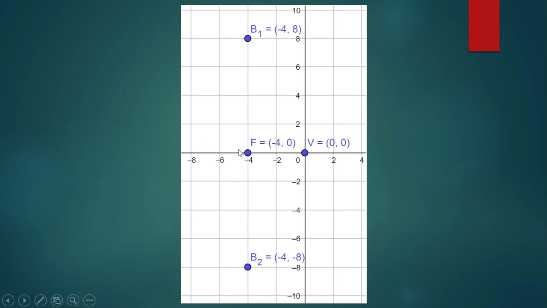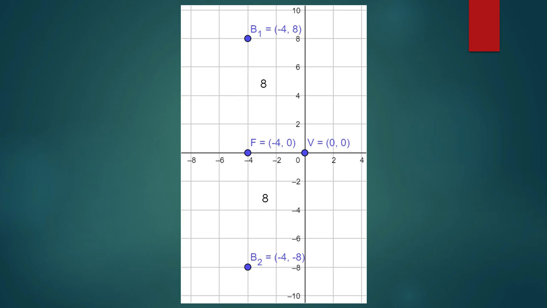Next, why are we locating this? So that we can lay down the latus rectum, and the latus rectum will tell us the focal width of our parabola. From the focus, let us compute for the latus rectum. The length of the latus rectum must be equal to the absolute value of what? 4 times A. A is -4.